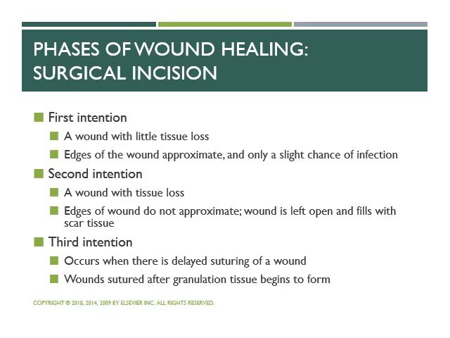It would cut the skin with little tissue loss, and the edges of the wound bed of that particular incision are approximate. With this type of injury to the skin, there's a slight chance of infection. Because the edges of the wound are approximate and there is little tissue loss, this type of injury to the skin or wound will heal by what is called first intention.